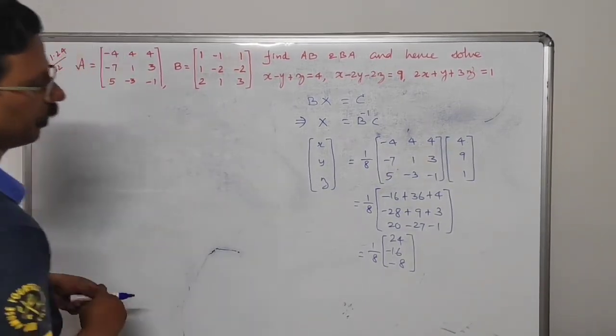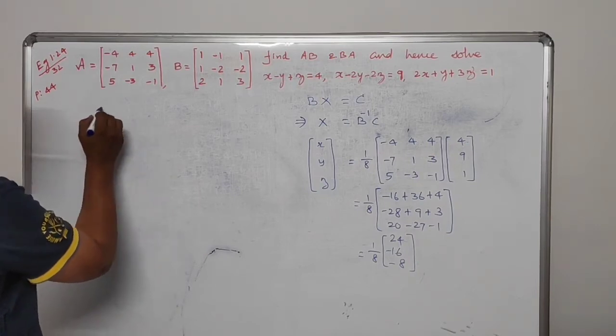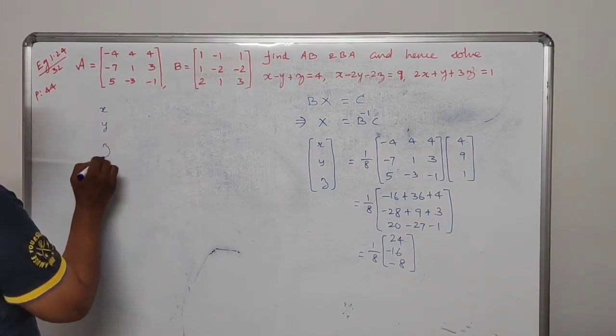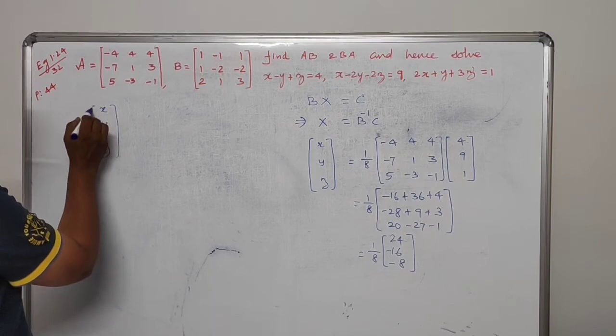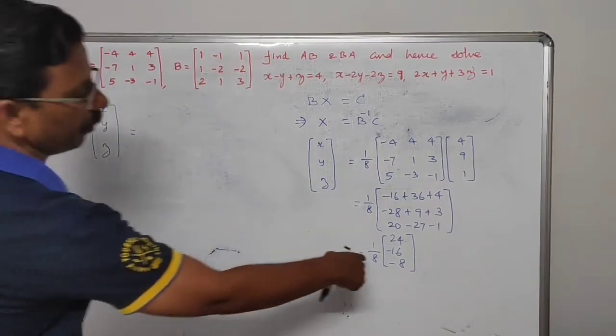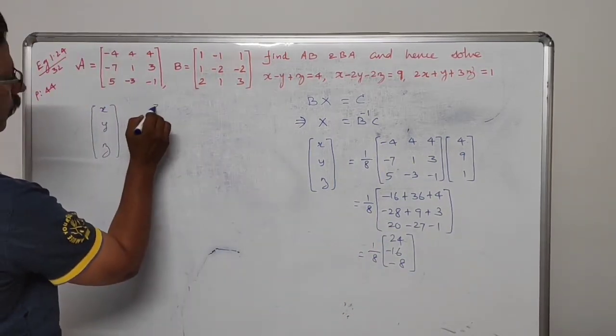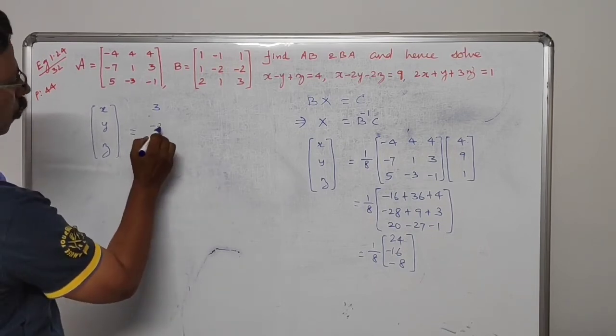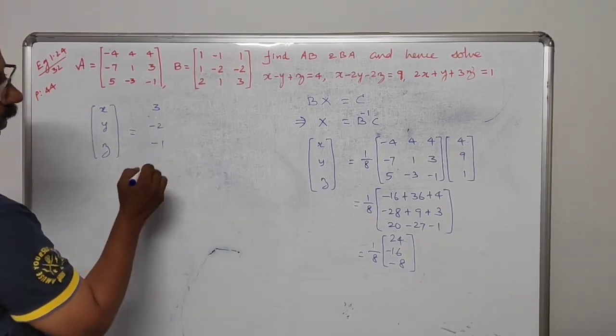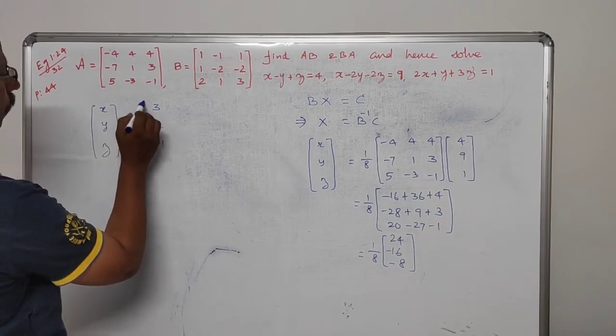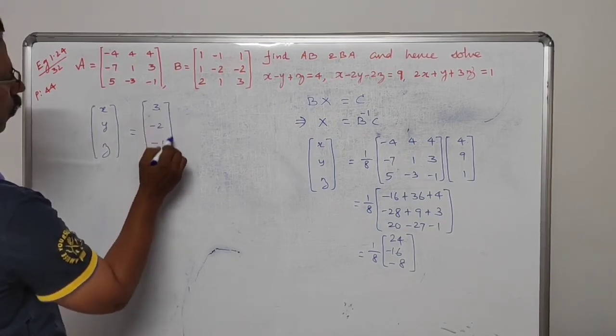X, Y, Z is equal to, if we divide by 8, 3, then minus 2, then minus 1. Now this is the solution.